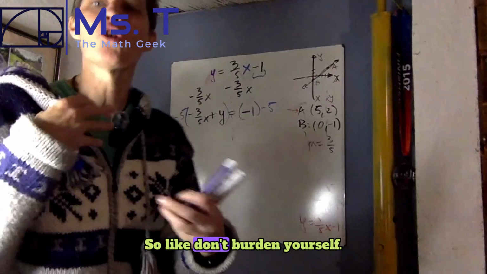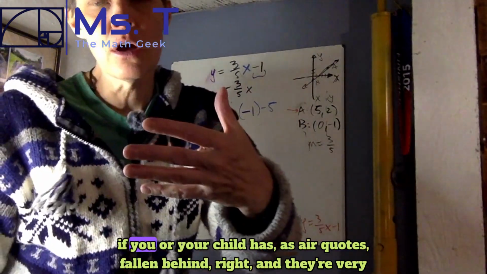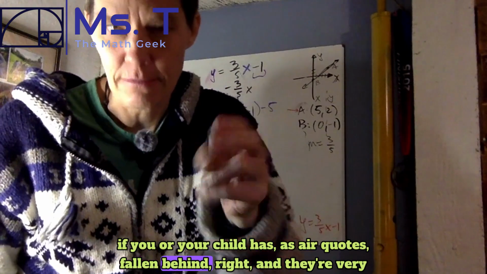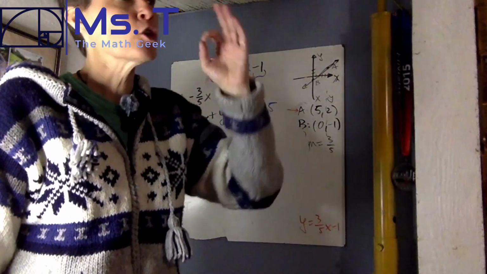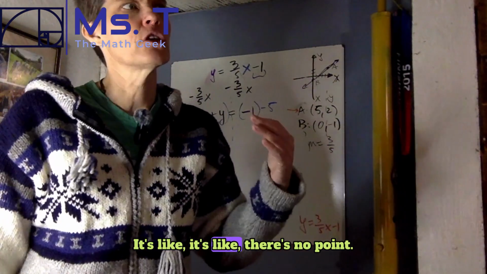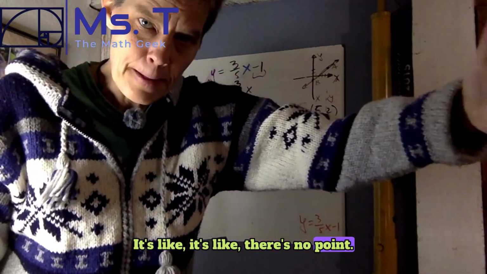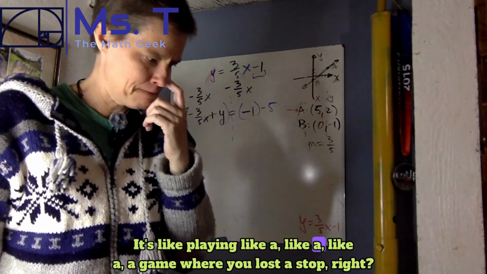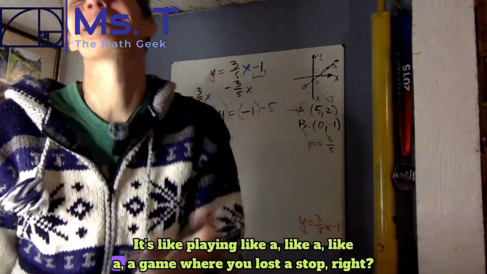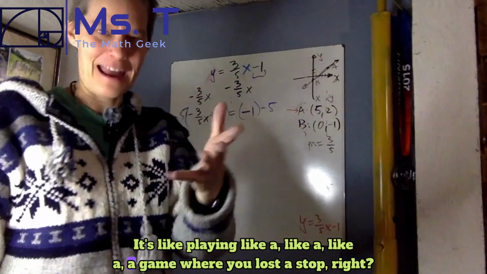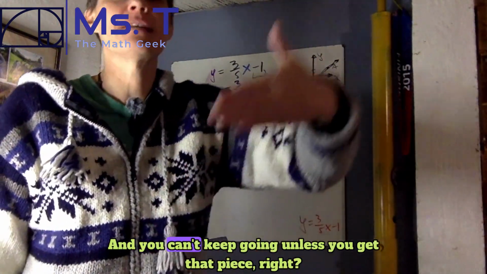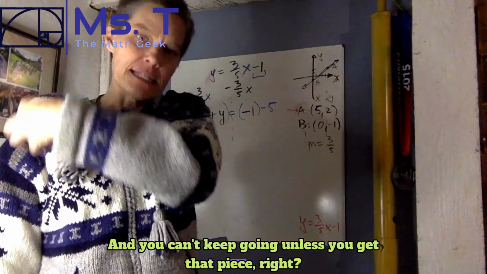Please, don't burden yourself. If you or your child has, air quotes, fallen behind, and they're very confused by math, go back to the beginning. It's like playing a game where you lost a piece, and you can't keep going unless you get that piece.